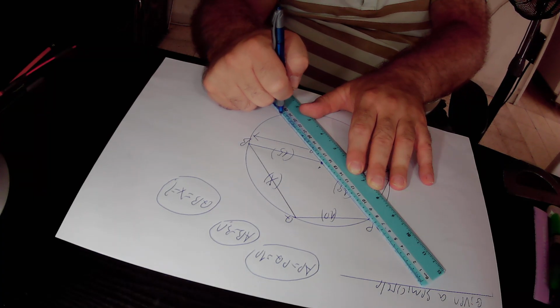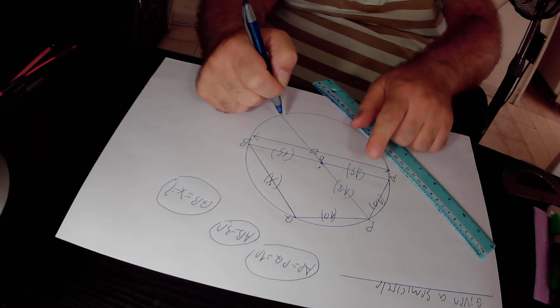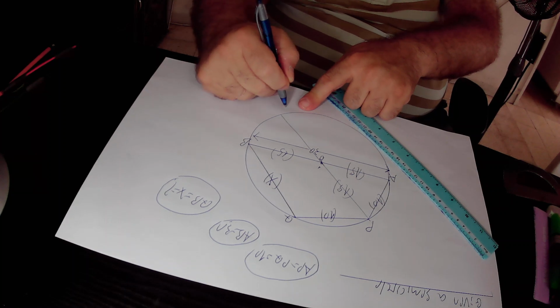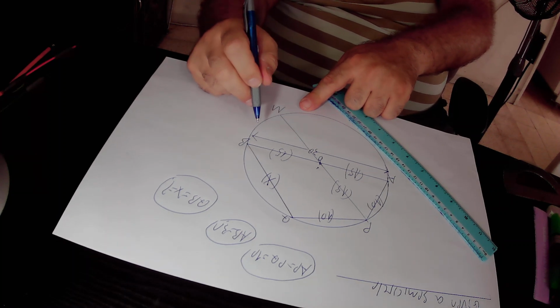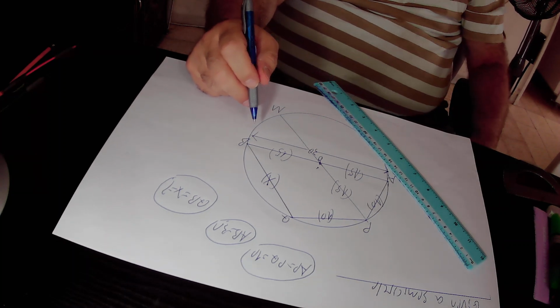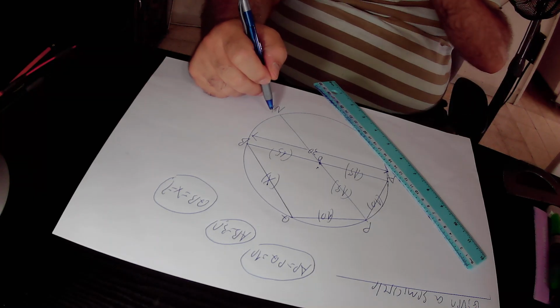We define the touching point of the extended radius PO with the circle as point M. Next, we join points B and M by a line.